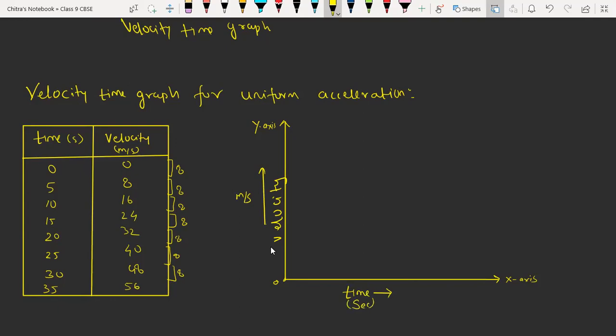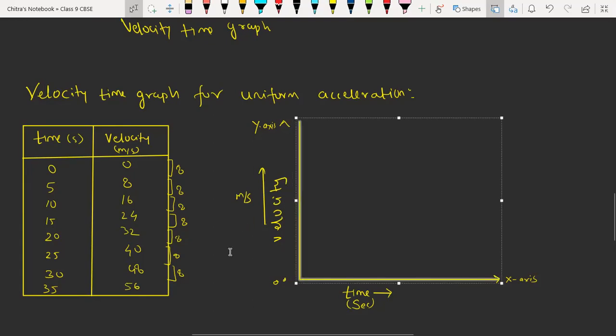Okay. So here again, I'm taking values. Here we have the y-axis, and here we have value 0. I'm taking equal distances: 8, 16, 24, 32, then 40, 48, and 56.